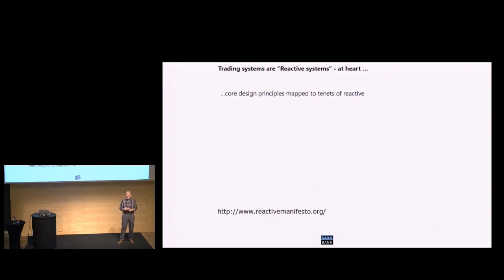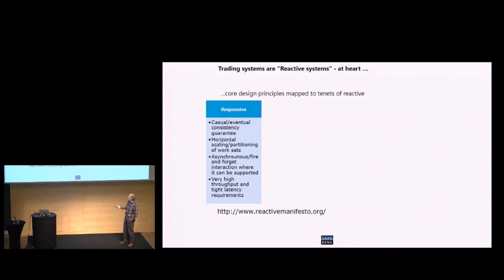So if you look at the core design principles mapped to the tenets of reactive, reactive systems should be responsive, i.e. they should respond to the user in any condition. So we use causal and eventual consistency to allow us to be responsive. We use horizontal scaling massively, or partitioning, sharding, segmenting of workloads, work sets, to be able to scale and be responsive.